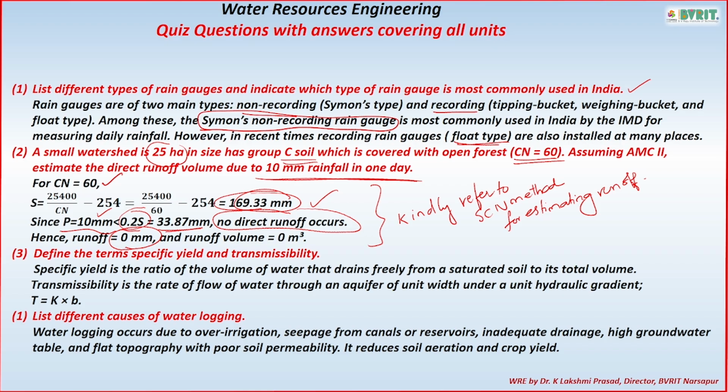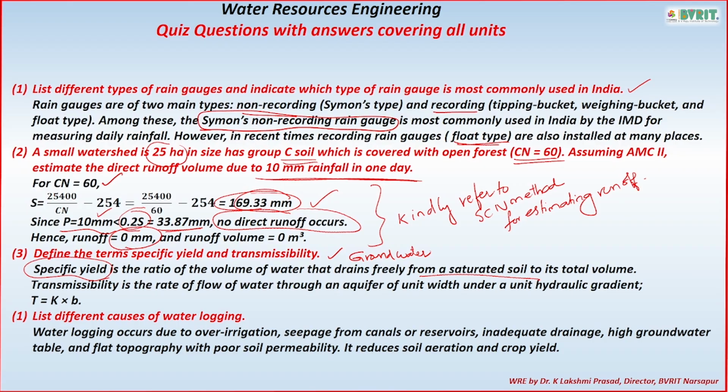Define the terms specific yield and transmissibility. So this refers to which topic actually? Groundwater. Specific yield means the volume that drains freely by gravity from the saturated soil sample. From any saturated soil sample, the volume of water that is drained to the total volume of it is what we call specific yield.